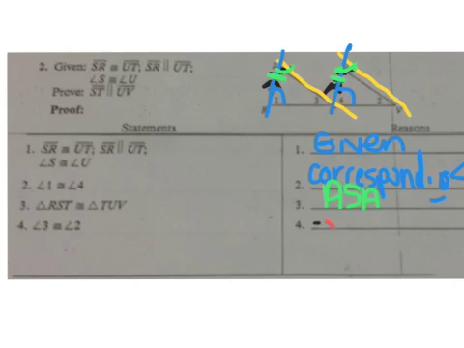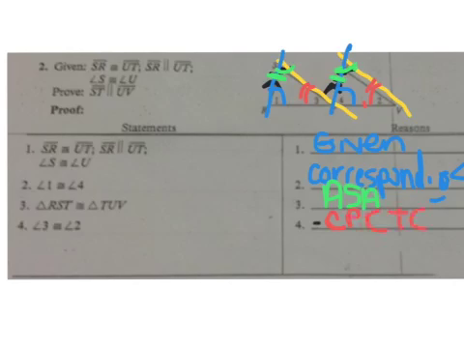Okay, now, because the triangles are congruent, can we say angle 3 is congruent to angle 2? Yes, and this is your CPCTC.